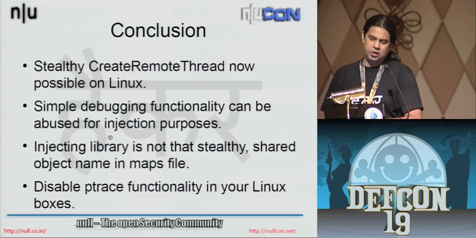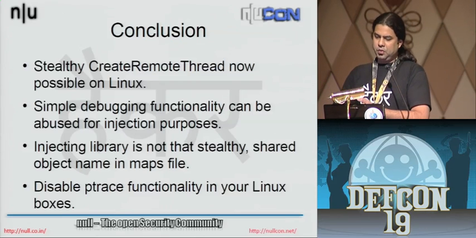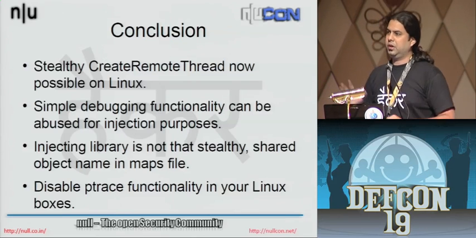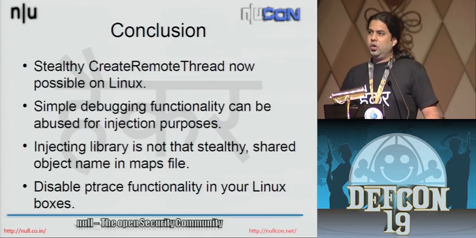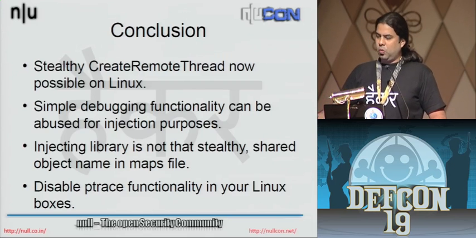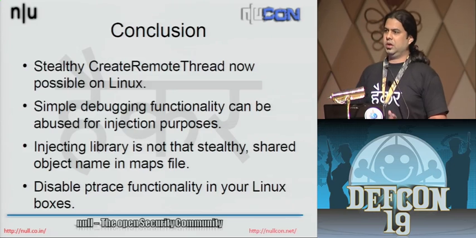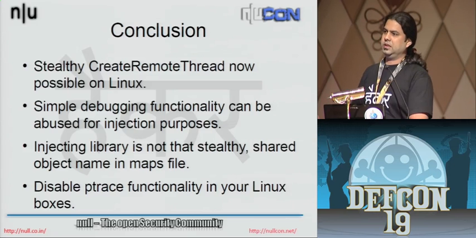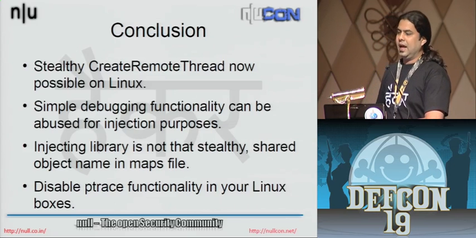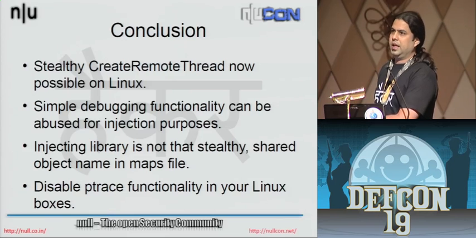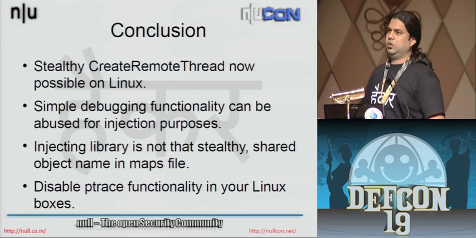All right. So the conclusion is, now you can actually do stealthy CreateRemoteThread in Linux. On top of what Windows provides, Windows does not give you the option of just passing in your payload and it'll do the rest. But in this case, you just need to pass the payload.